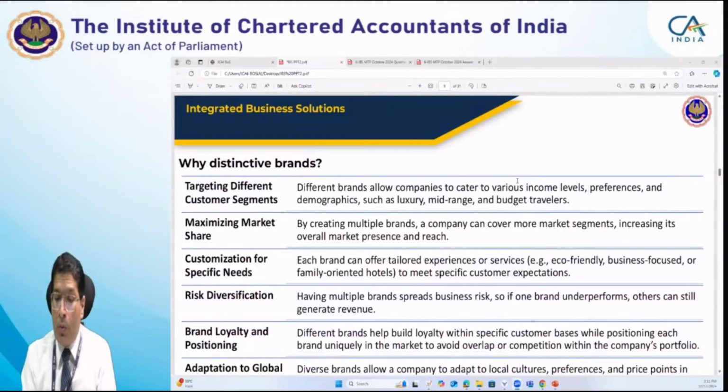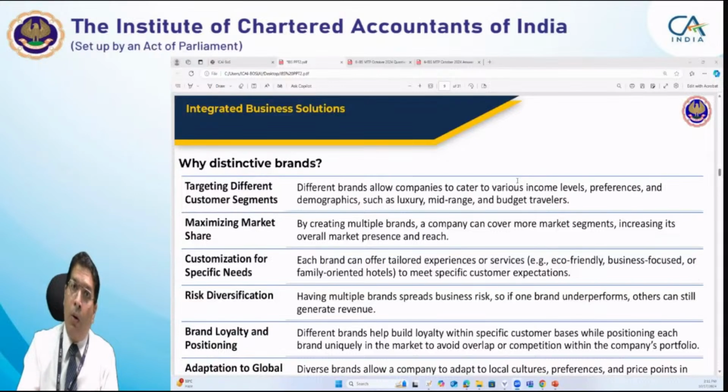You can also diversify your risk. Having multiple brands, you can spread your risk. If you have a doubt about a particular brand, then another brand can compensate for the risk.